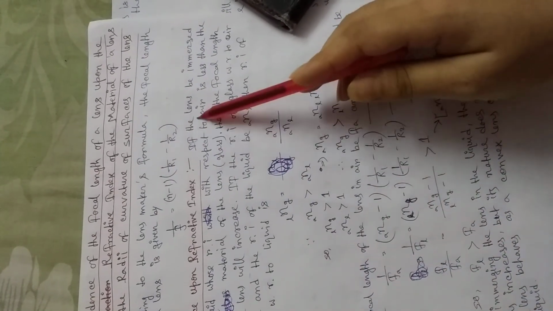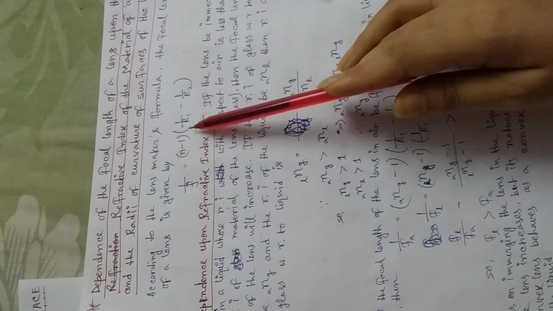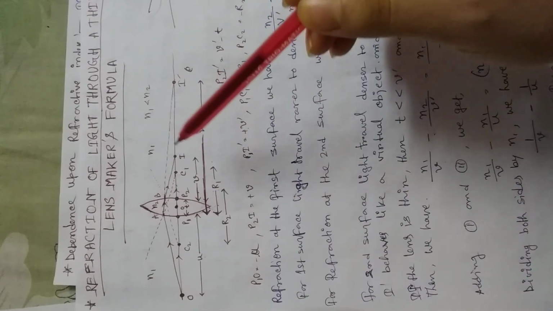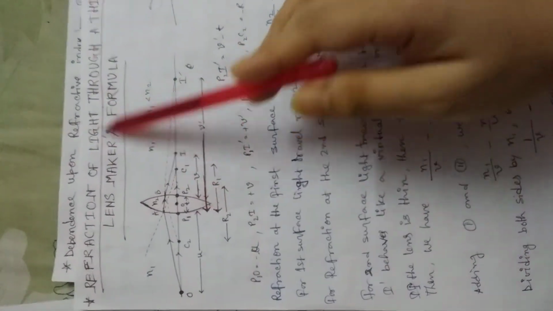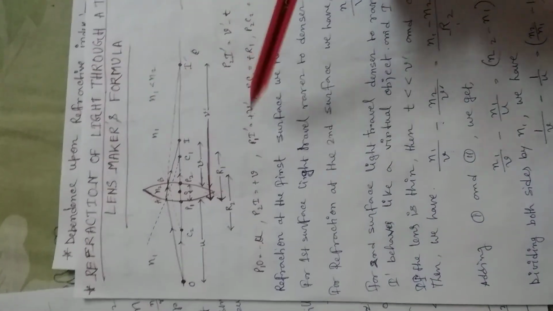Just look here, if the lens is immersed in a liquid, here we assume in this case that this lens is placed inside water, that means the surroundings of this lens is water, right?